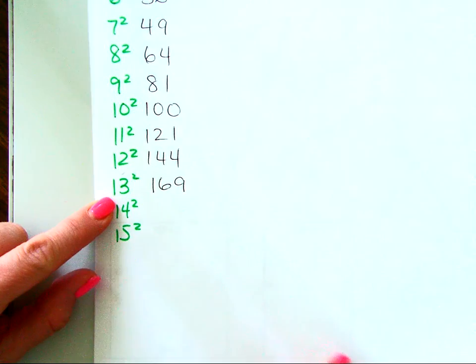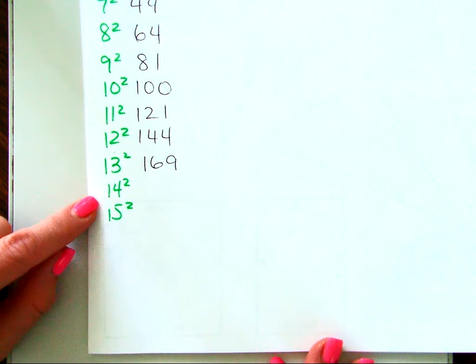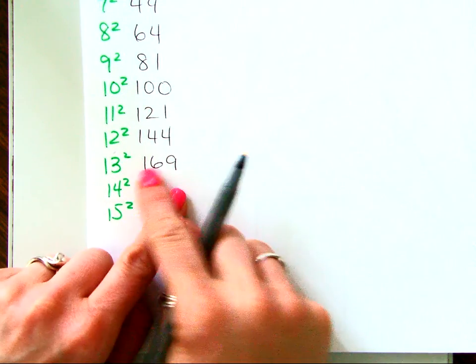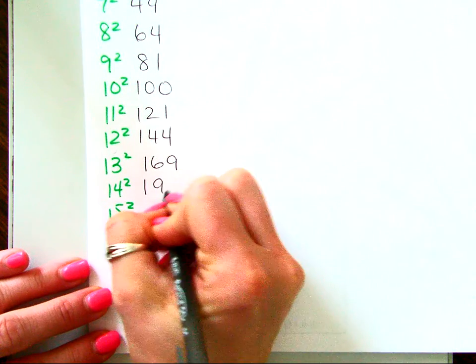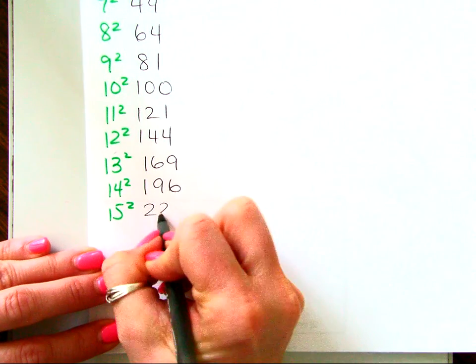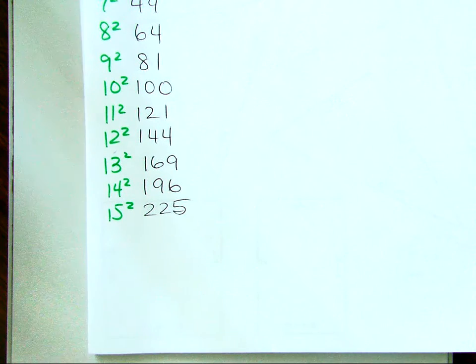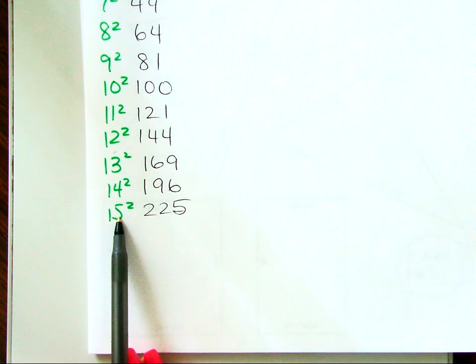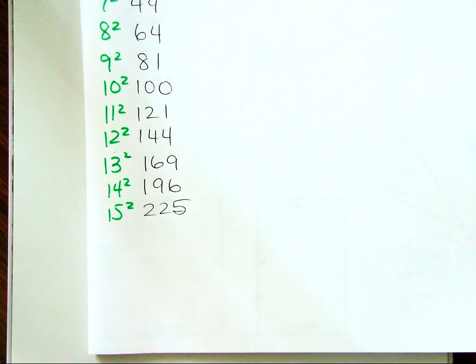So 13 times 13 is 169. And for 14, you just flip those around and you get 196. So the same 3 digits are used. And 15 times 15 is 225. However you want to keep that in your head, just think 5 ends in a 5, 1 plus 1 is 2. Okay, so we're going to go up to 15.